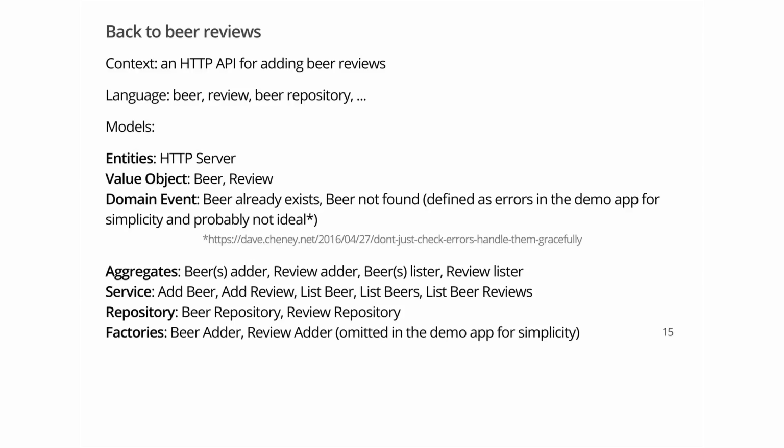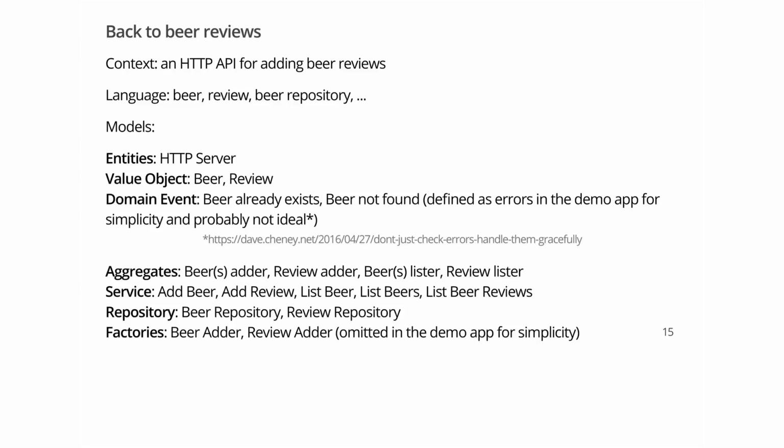And then what kind of events do we have? Well, we can have events like beer already exists, if somebody tries to add one that already exists. Beer not found. So that's both when you're trying to add a review for a non-existing beer or when you're trying to get a beer and it's not there. Ideally, these should be defined as domain events. But in the example app that I'll show you in a minute, I've actually defined them as errors.